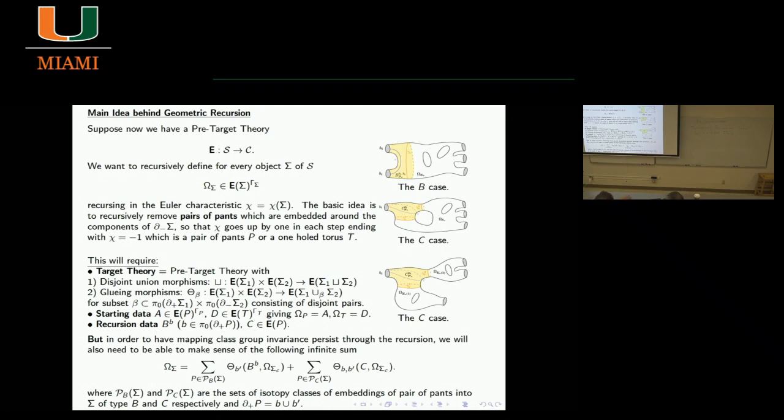So there are actually two B's, right? One for the right leg and one for the left leg of the pair of pants. This is the one that's colored red? The non-B is colored red here. The non-B, right. So this is B1 and this is BI. This notation here is copied from an old version of our paper, so it doesn't quite agree with the notation I have here, sorry.